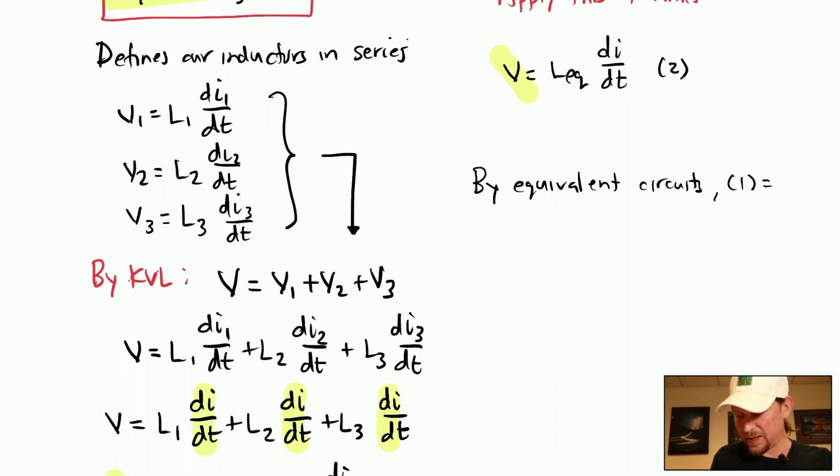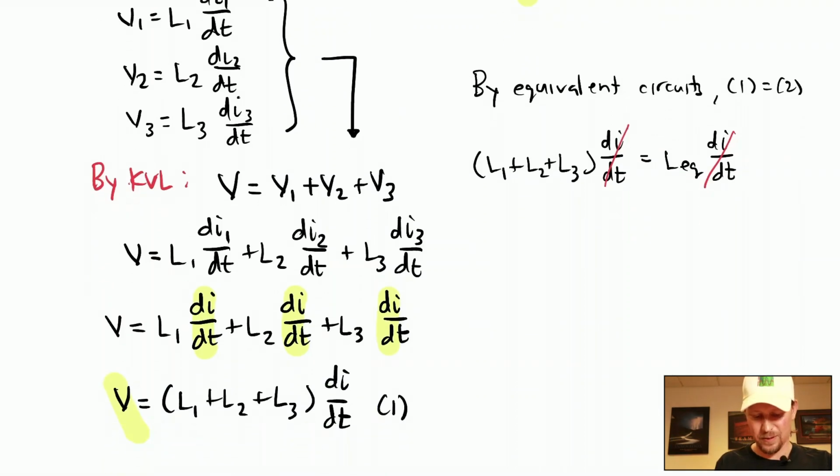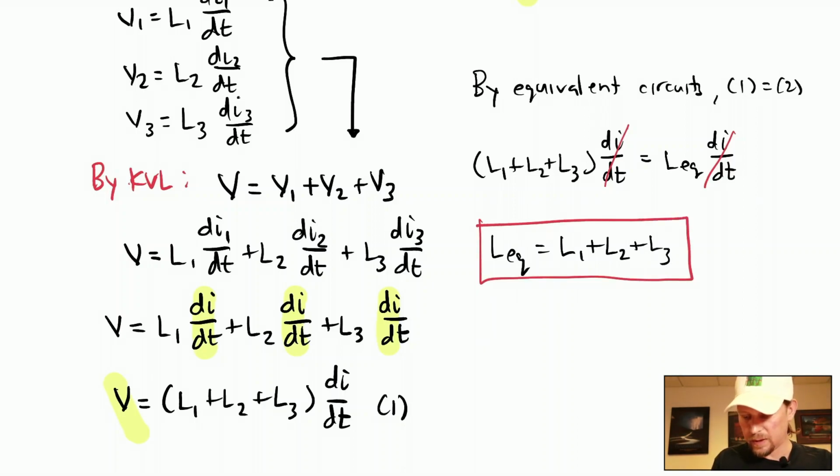We have 1 is equal to 2, in which case I have L1 plus L2 plus L3 times di/dt on the left-hand side. That's equal to L equivalent di/dt on the right-hand side. And as long as di/dt is not 0, those two cancel out. And the relationship that we're left with, I'm going to rearrange it slightly, is that L equivalent is equal to L1 plus L2 plus L3.